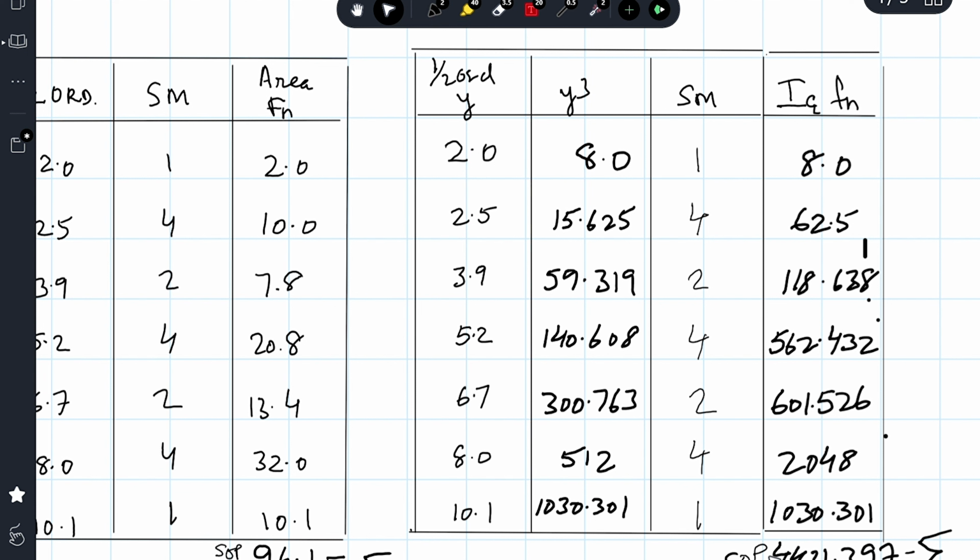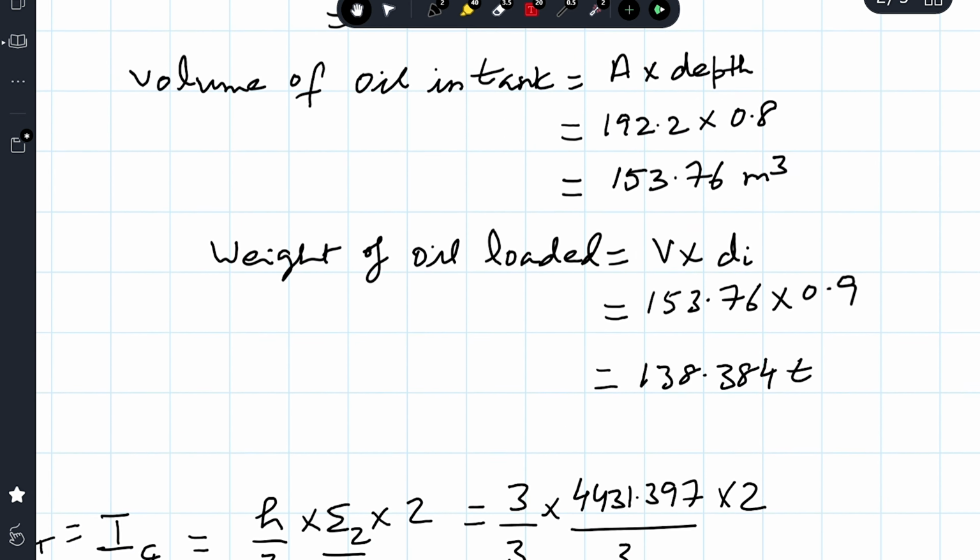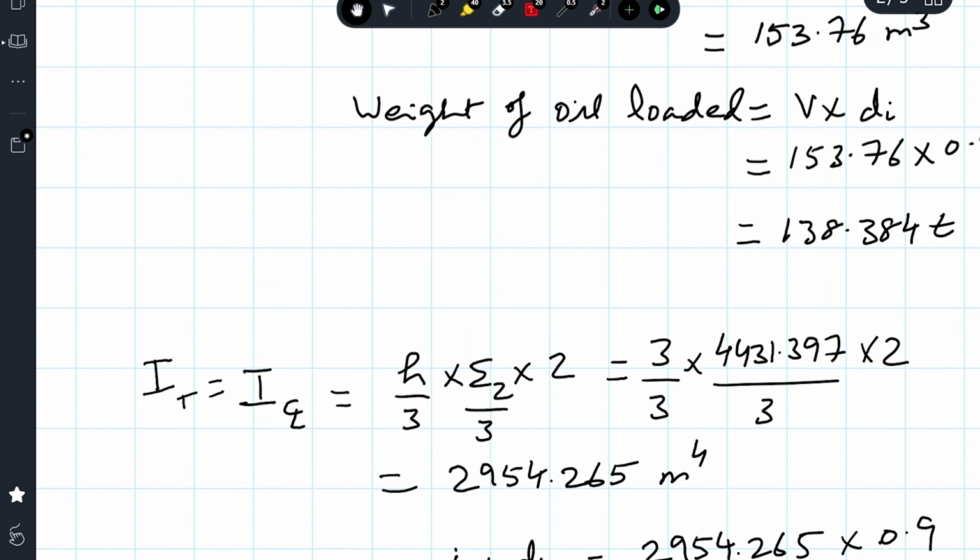Here the sum of the products for moment of inertia is 4431.397. I call that sigma 2. This is the sum of the products for moment of inertia, and we apply Simpson's rule to find the transverse moment of inertia IT about the center line of the tank.